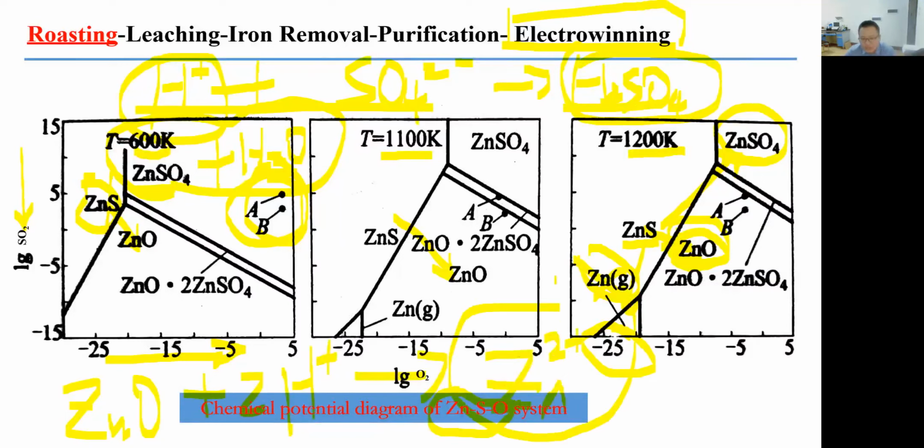And when this one is electrowon, we can get acid again, and this acid can be returned to this part. And with this circulation, we are producing the zinc in the electrowinning from the cathode.